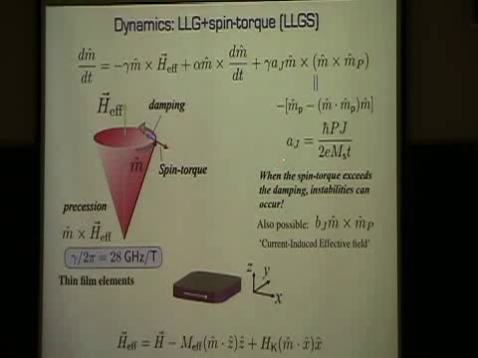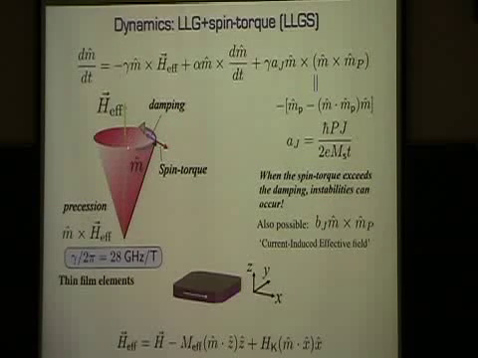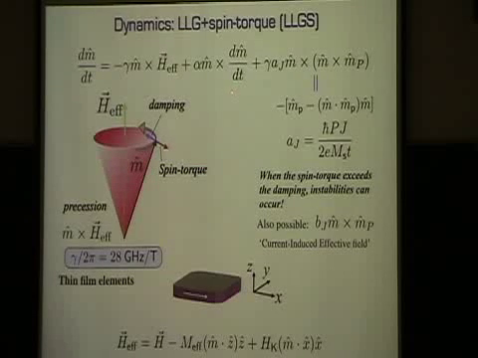There's also the possibility of a term that goes as a Bj times m cross mp. This is called an out-of-plane torque. It would be a torque perpendicular to the plane containing the polarization and m, and proportional to the current. This is sometimes called the current-induced effective field. It could be lumped in with H effective, and would change the precession frequency.